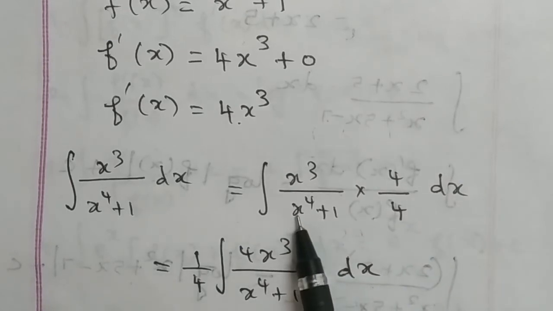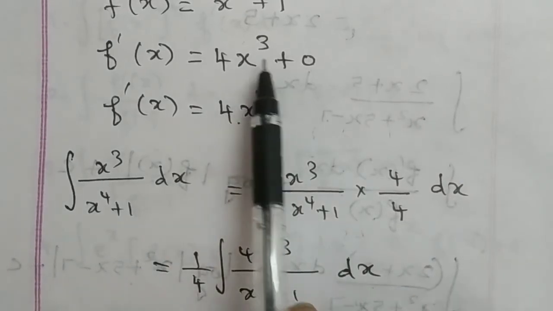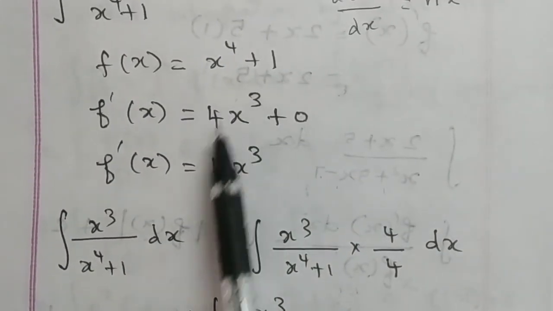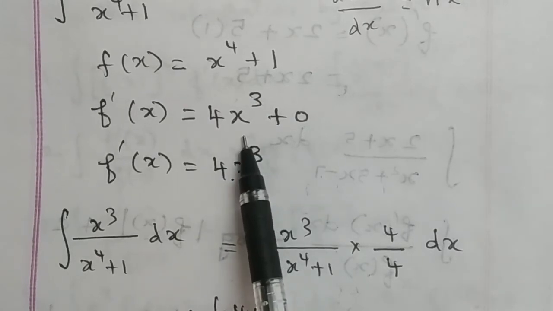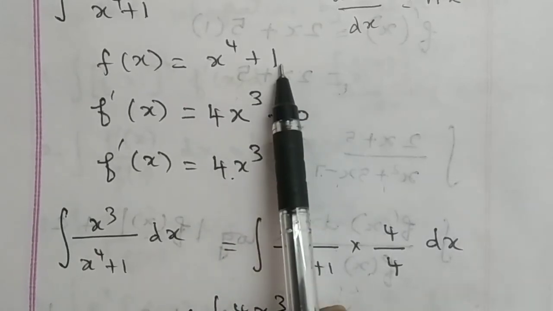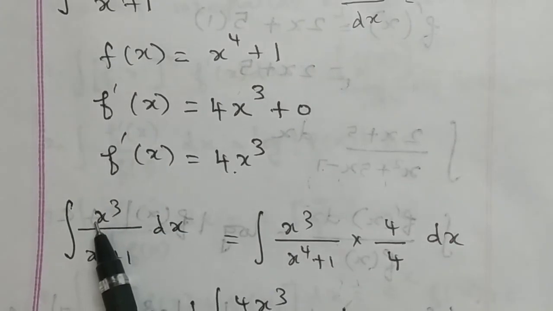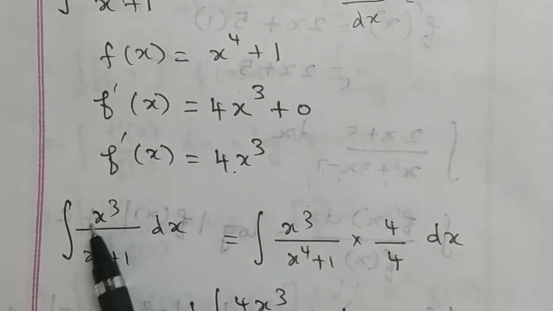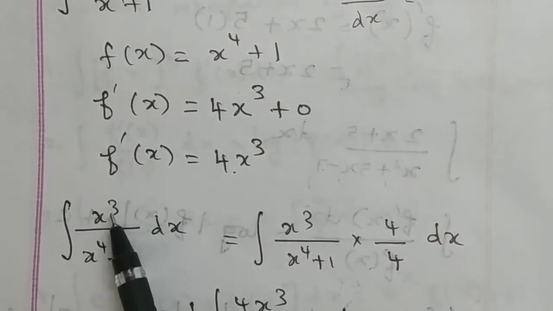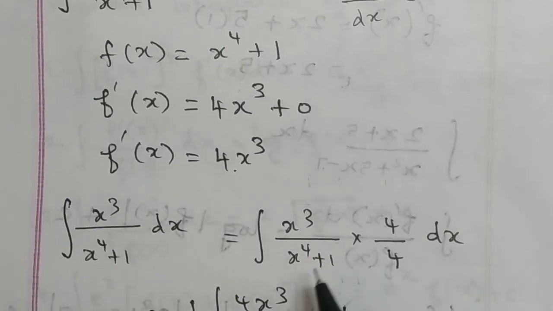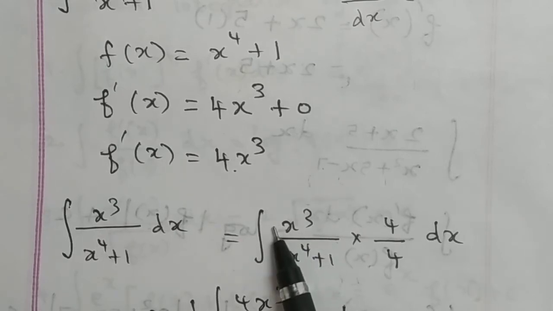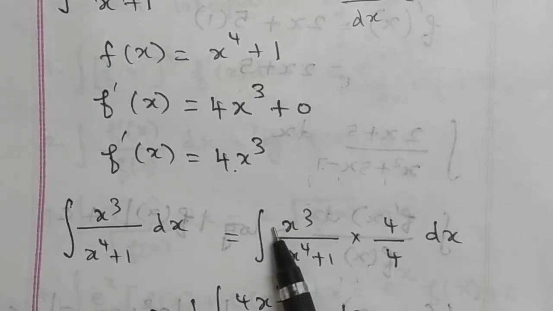The derivative for x power 4 is 4x cube. The derivative for 1 is 0. So in the numerator there is no 4, only the x cube term. The derivative for x power 4 is 4x cube, but in this question this 4 is not given.